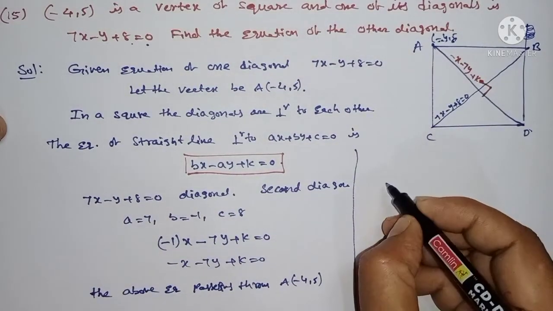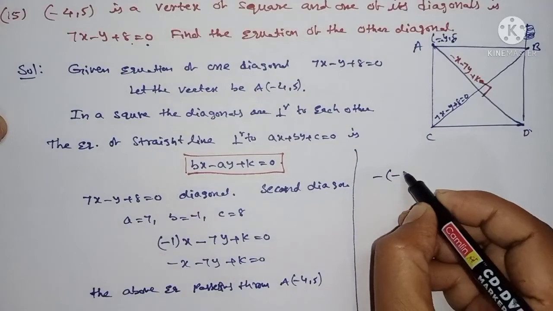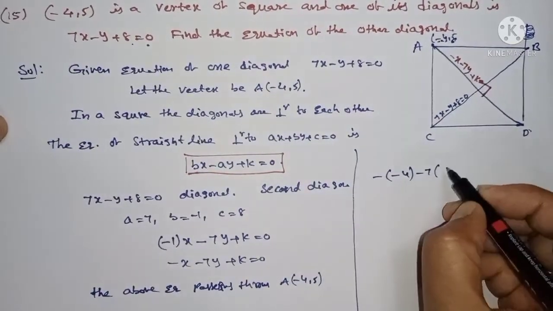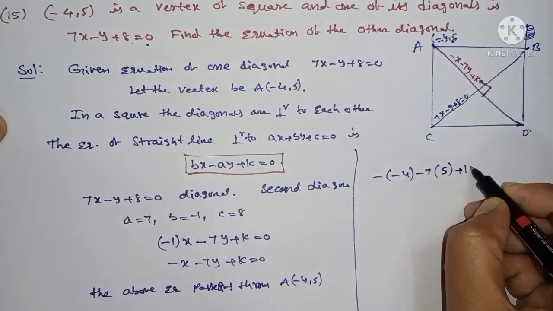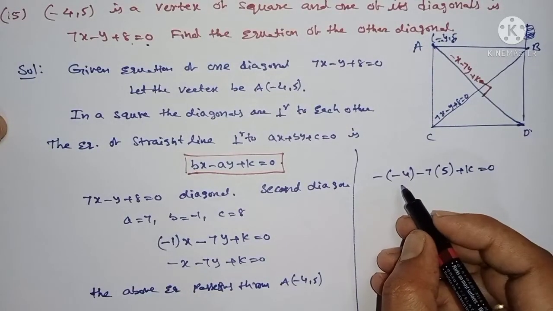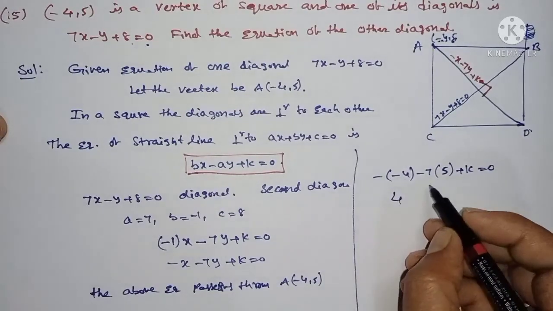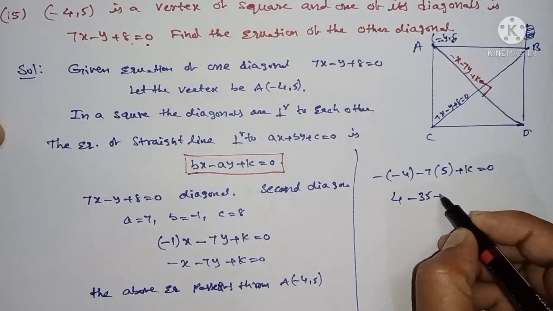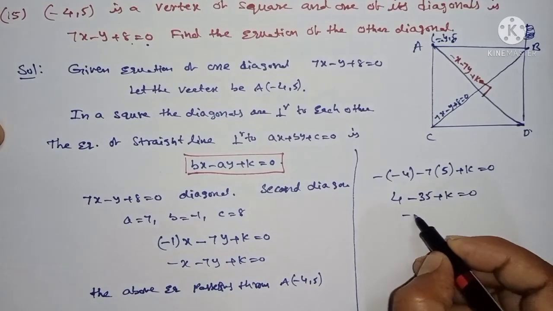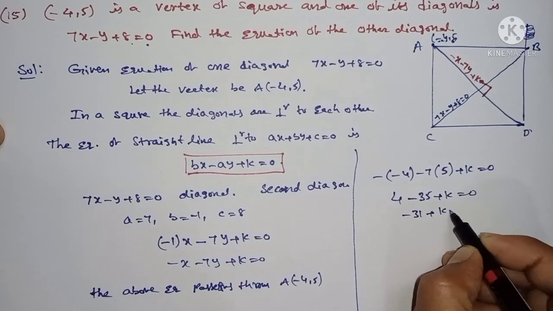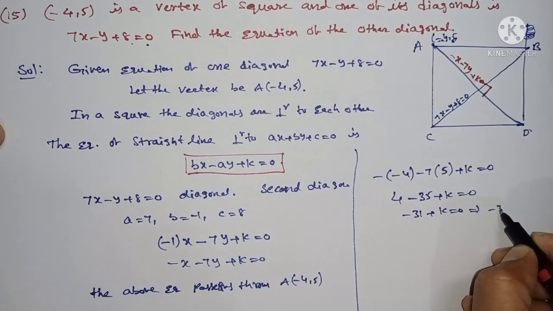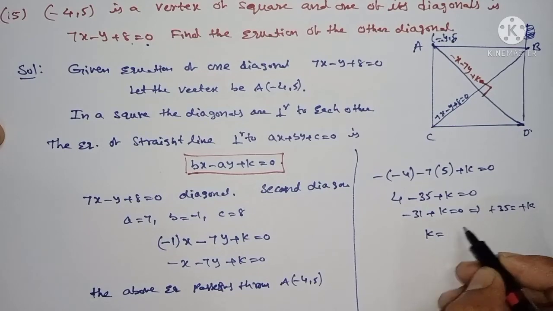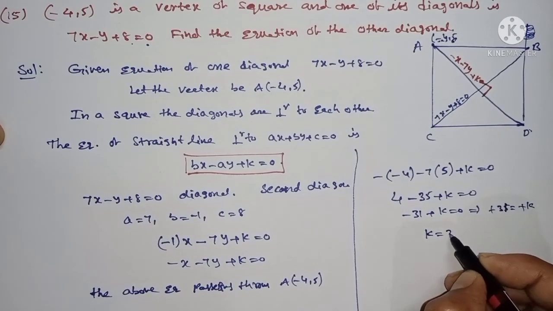Therefore, you can substitute here: minus of minus 4, x minus 7 into y, which is 5, plus k is equal to 0. Therefore, plus 4 minus 35 plus k is equal to 0, or minus 31 plus k is equal to 0, so k is equal to 31.